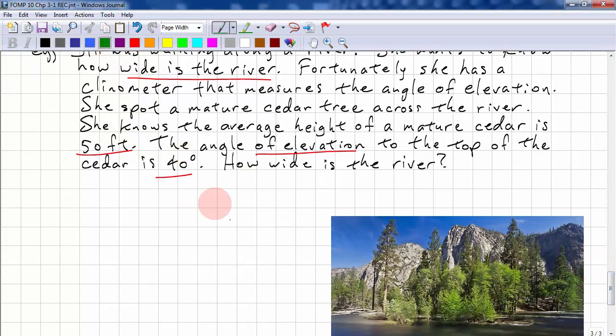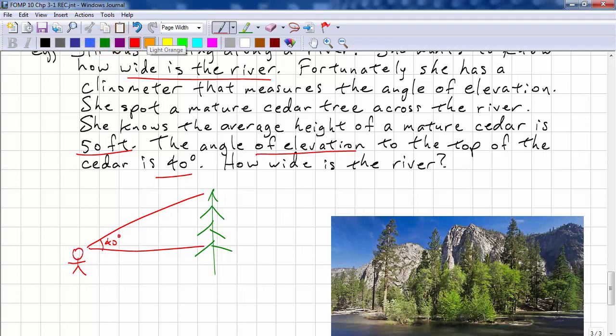Okay, so we have a tree, and we have Jill, and she measures 40 degrees, and she knows the height is 50 feet. So you need to be able to draw your diagram accurately. Doesn't have to be a good drawing, but it has to be accurate. And we're looking for x, the width of the river.